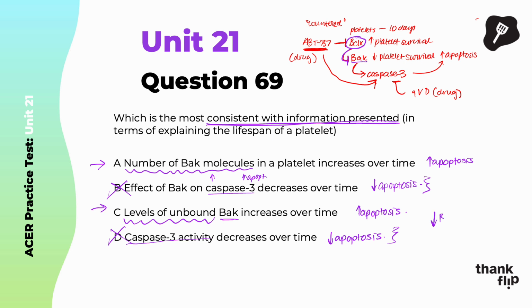So as BCLX decreases, your unbound BAC level increases, your activity of BAC increases, and that's how you get apoptosis. And so that's why C is the most consistent with the information provided. If you didn't have that information provided, then A and C are quite valid explanations if you were just told this bit of information. But you want to look at the whole picture here.